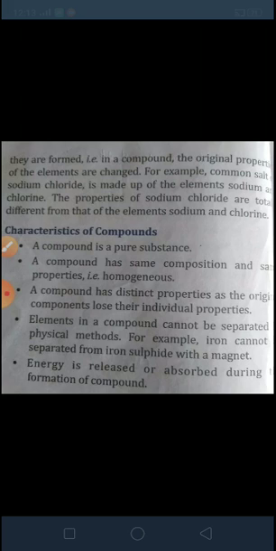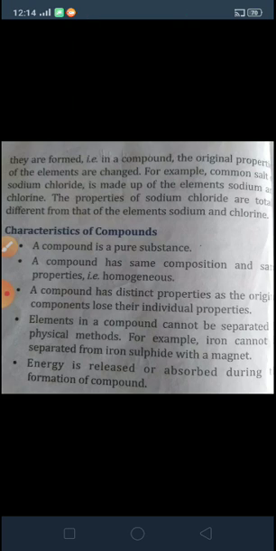For example, iron cannot be separated from iron sulfide. In iron sulfide, iron is an element and sulfur is an element. The symbol of sulfur is S. So we can't separate the iron from iron sulfide.